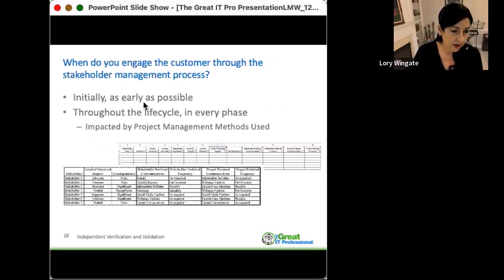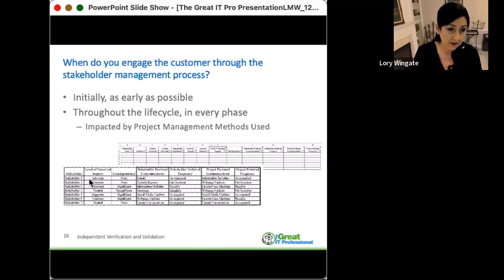There's a spreadsheet here that shows you the top line items that I called out that you'll want to manage and identify. And then the second chart down here gives you an example of each stakeholder.